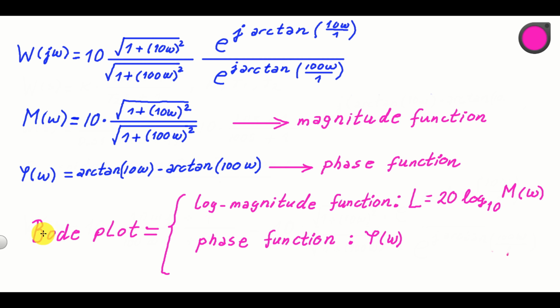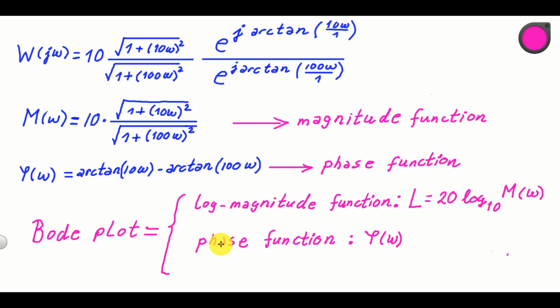The Bode plot consists actually of two graphs. The first graph is the log magnitude function. The log magnitude function is defined like this. It's denoted by capital L and it's equal to 20 multiplying a logarithm with the base of 10 of our magnitude function m of omega.